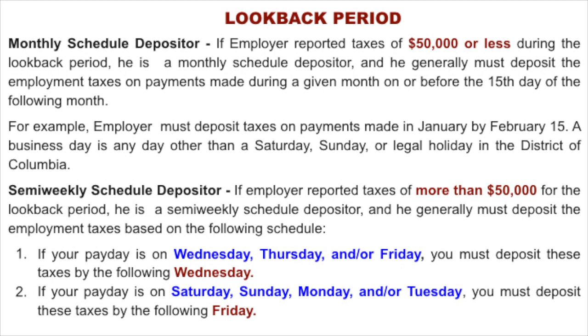If the pay date falls on Wednesday, Thursday, and or Friday, then the employer must deposit the taxes by the following Wednesday. And the second window is if the pay date falls on Saturday, Sunday, Monday, and or Tuesday, then the employer must deposit the taxes by the following Friday.